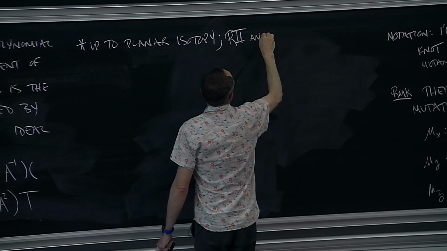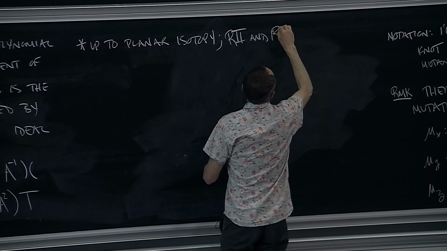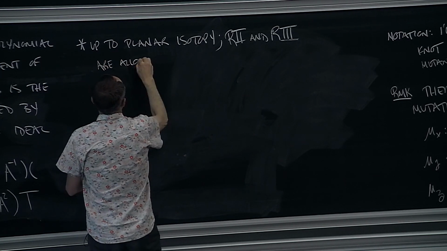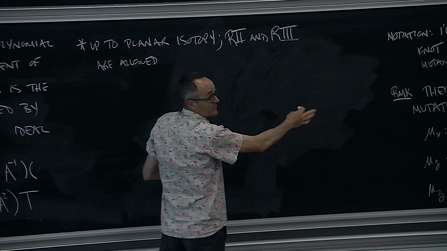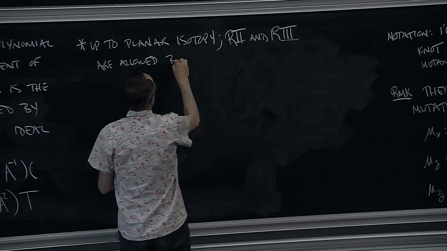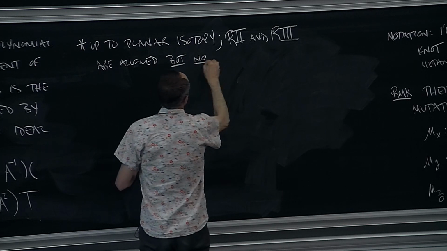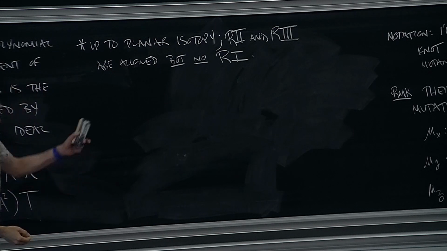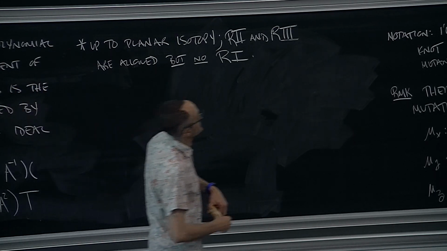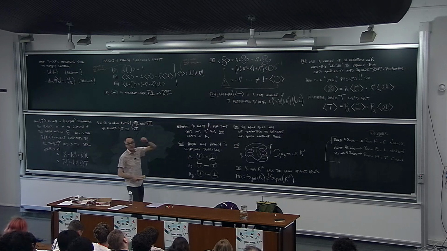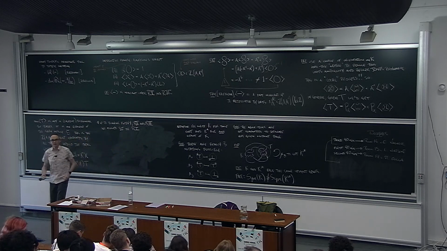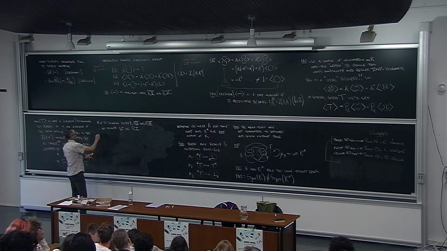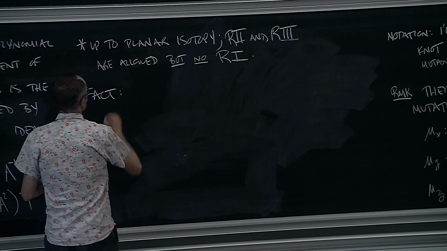R2 and R3 are allowed, but evidently you have to be careful with Reidemeister 1. You have to resolve those out and add the loop values in, just as is suggested by this example. So if you want to be careful in some other way, you can do that, but this is how you get there.